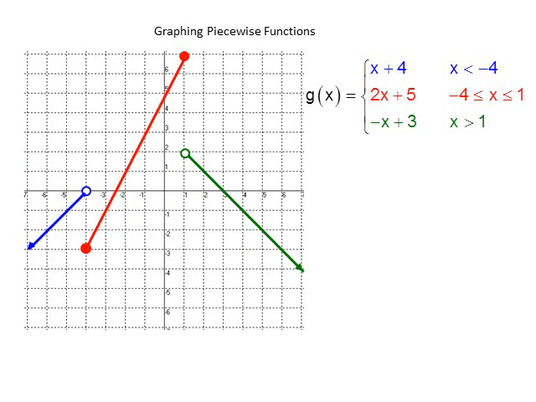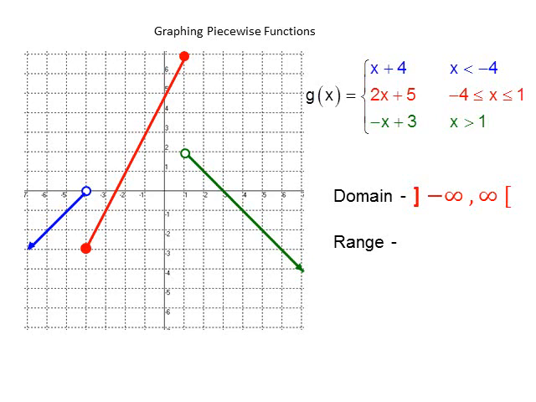Here I need to find the domain and the range of this function. The domain is given by x less than negative 4, from negative 4 to 1, and finally x greater than 1.